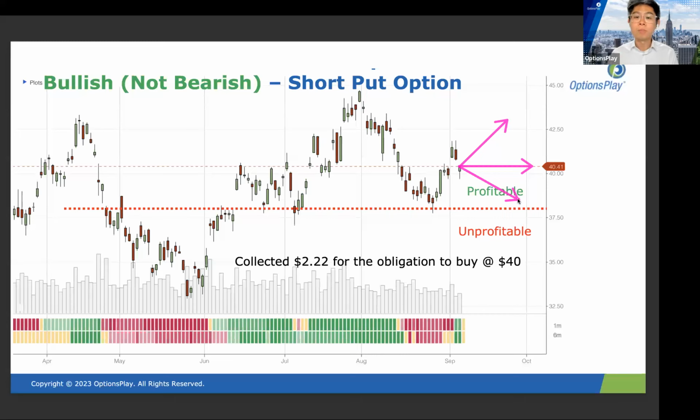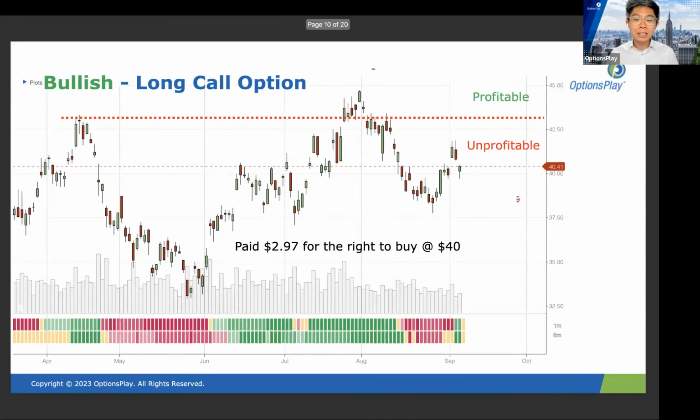And I can certainly tell you, you're going to have a lot more stocks that you can say, I'm not really bearish on the stock, than you're going to be able to say that I think the stock is going to make a big enough move in order for me to exceed the break-even price and be profitable.